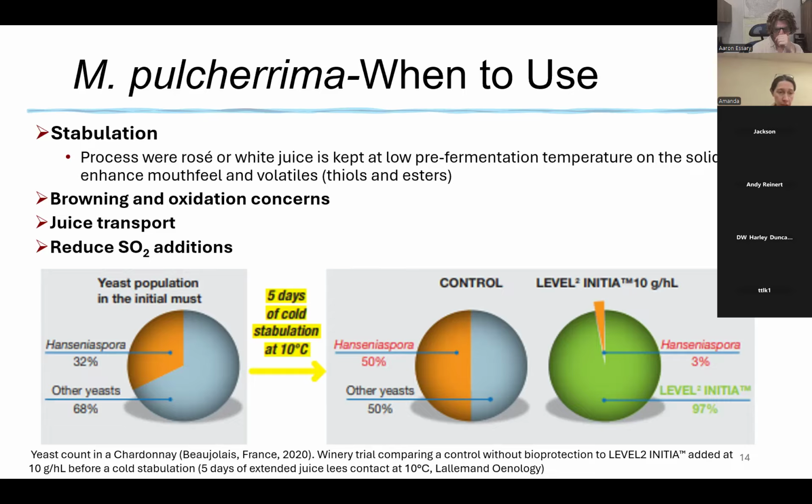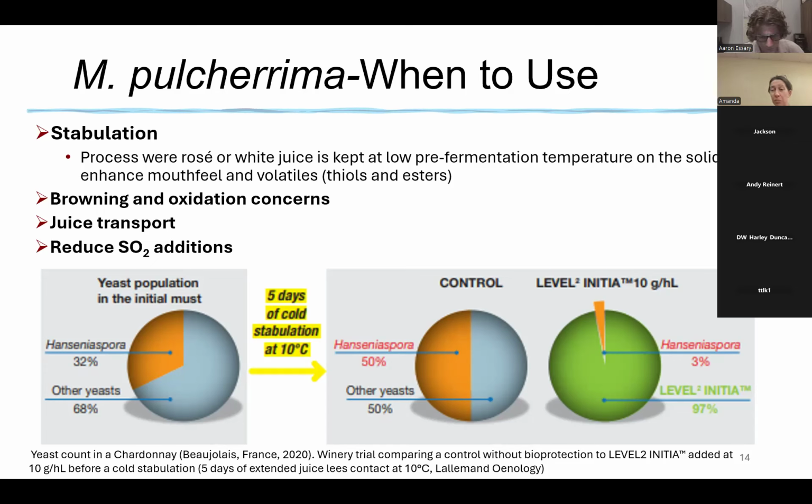So you can see in this figure down here, this was looking at a cold stabulation study where the yeast population in the initial must contained about 30% Hanseniaspora, which can create ethyl acetate, and then 68% other yeast. But then with the addition of the M. pulcherrima, which is Initia from Lallemand, that M. pulcherrima really took over during the 5 days of cold stabulation.